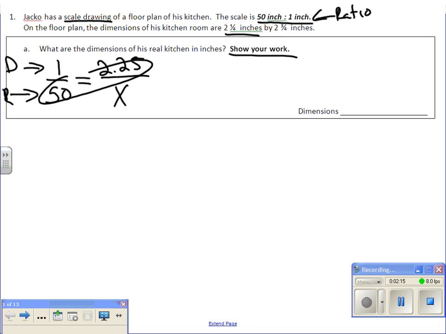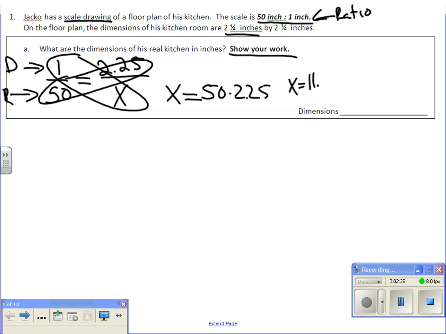So 50 times 2.25, 1 times X. 1 times X is going to give us X. And then 50 times 2.25 is going to give us X is equal to 112.5, and that's going to be inches still, okay?